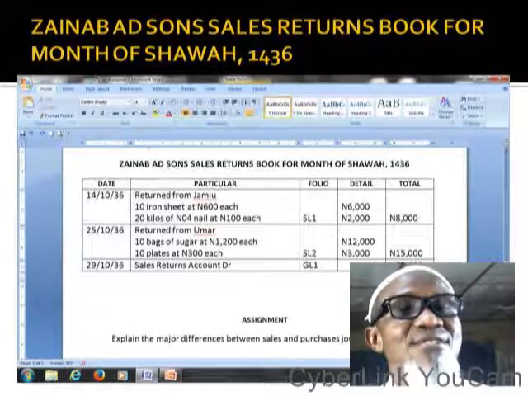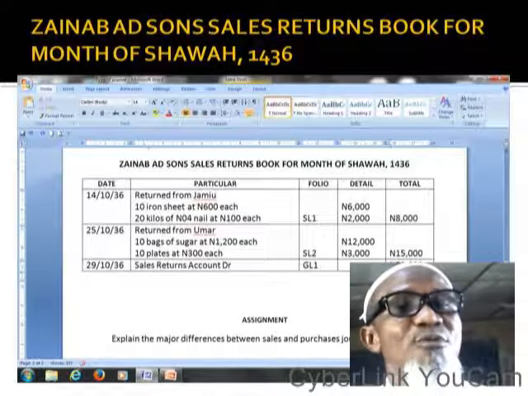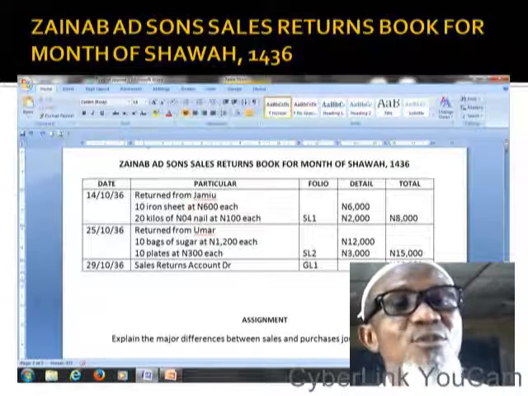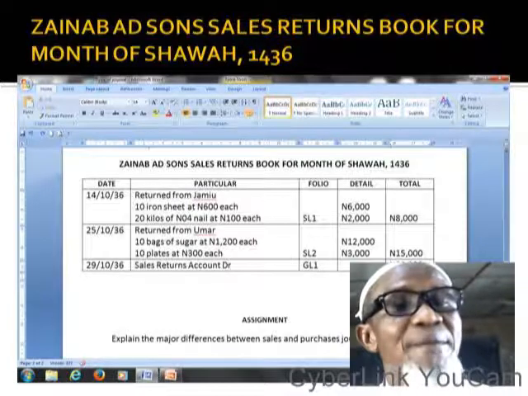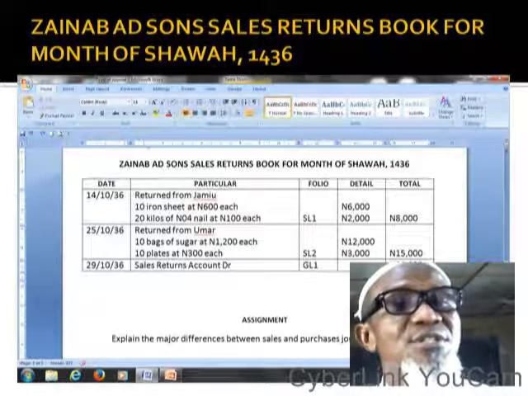Zainab and Sons sales return book for the month of Shawwal 1436. You have your date column, your particulars, your folio, your details, then your total.